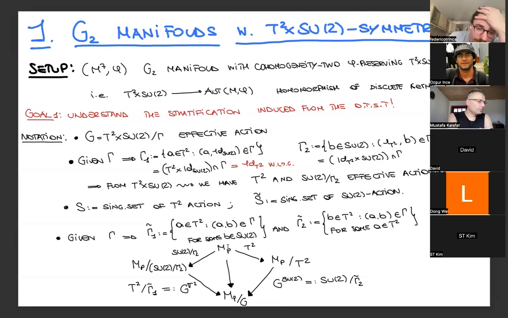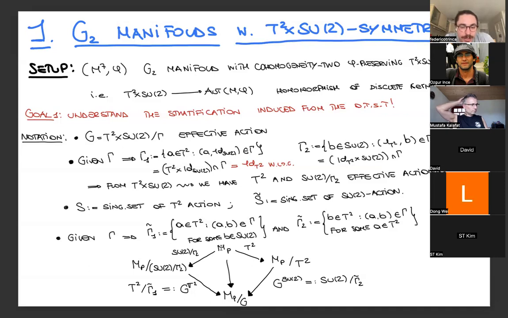So if we start from my principal part, then I have the action of G on my MP, and this action of G induces a quotient, which is MP over G, the orbit space of my principal part. But MP is also endowed with a T2 action and an SU2 over gamma 2 action, which are effective actions.